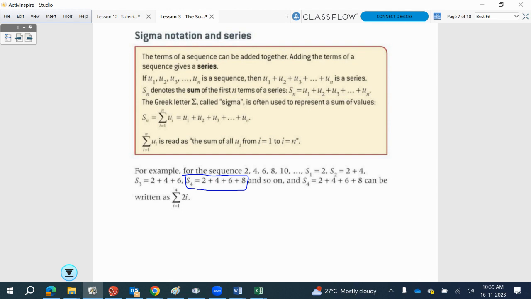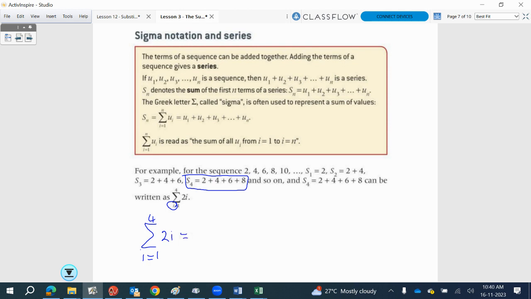Notice that we have this index variable, i. i starts off being equal to 1, and then it continues until it's 4. It goes 1, 2, 3, 4. Each time we put it into this formula, and we calculate. So let me show you the calculation. We have i equals 1 up to 4, and we have the function 2i.